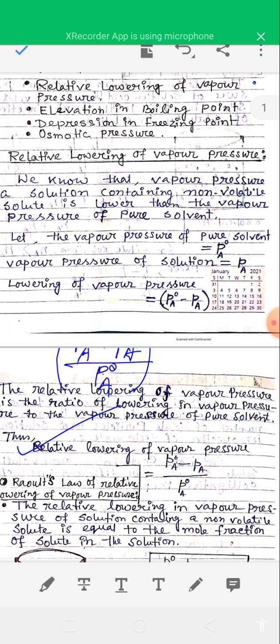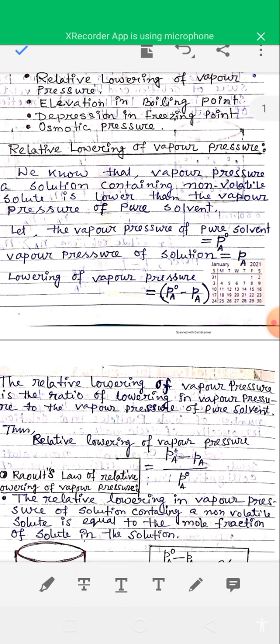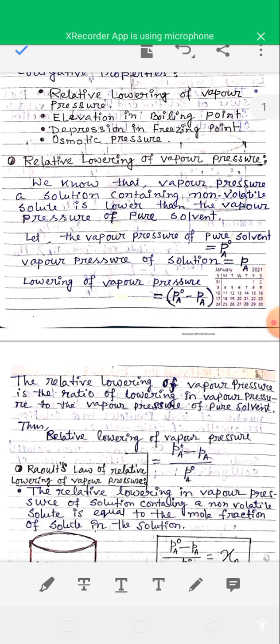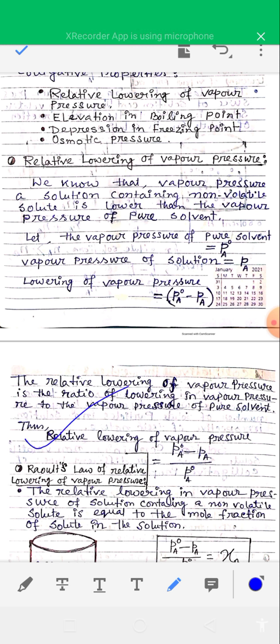Okay, so relative lowering of vapor pressure is the ratio of lowering in vapor pressure to the vapor pressure of pure solvent. That is, relative lowering of vapor pressure means PA naught minus PA divided by PA naught.